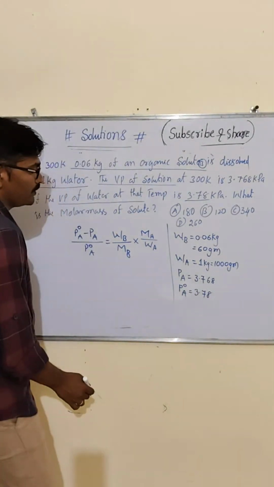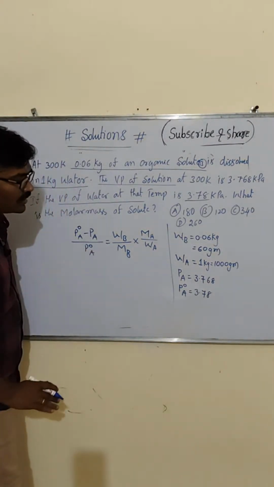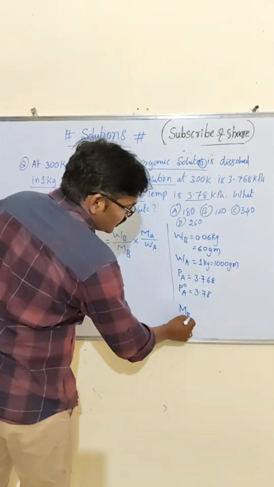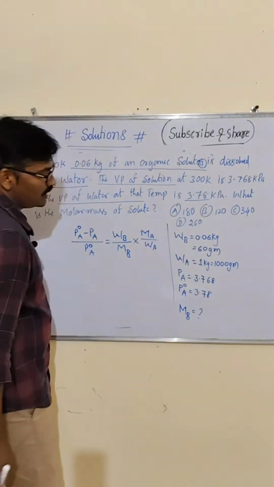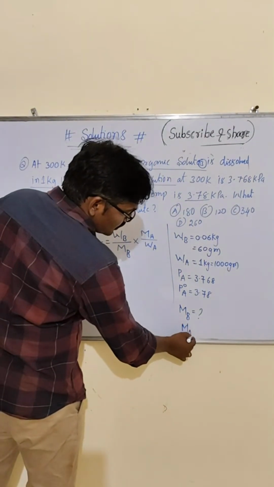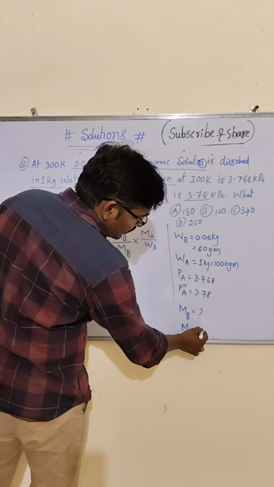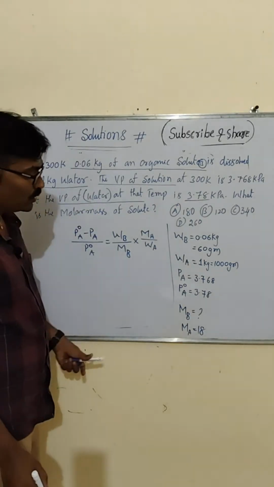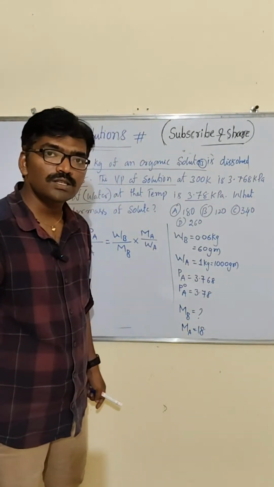So now all the values are given. What do we have to find out? The molar mass of the solute, MB. Then MA is the solvent, so that is the molar mass of water. We know that it is 18 gram per mole, right?